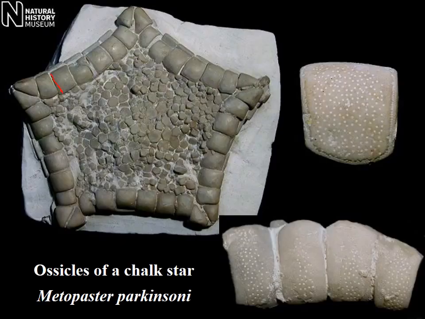There's connective tissue in between each of the plates, which gives the starfish its flexibility. When you pick up a starfish, it's not rigid like a sea urchin, but it is actually flexible, and so they have that little bit of connective tissue to allow that mobility in between the plates.